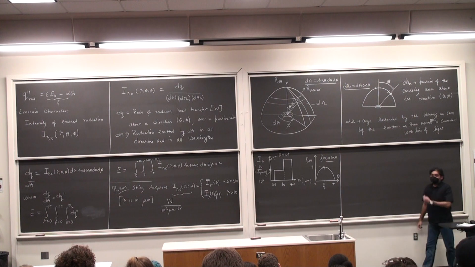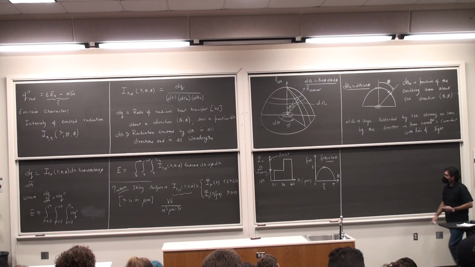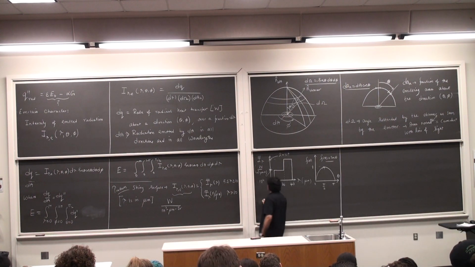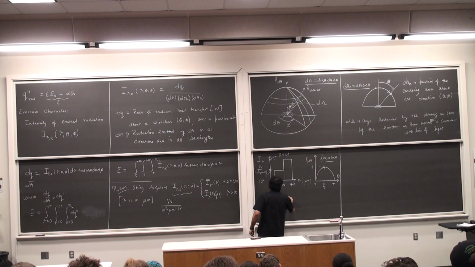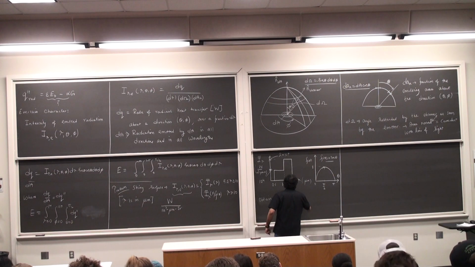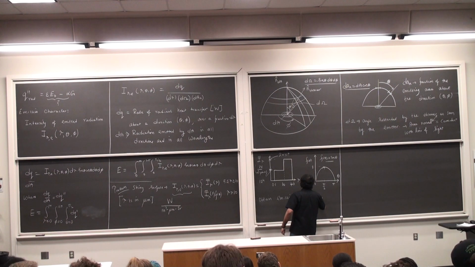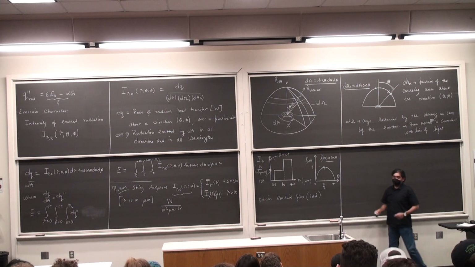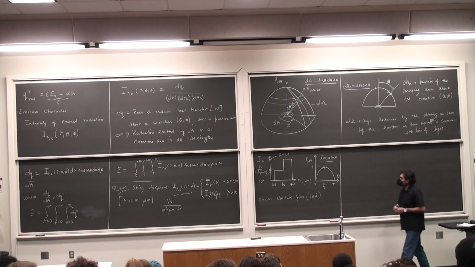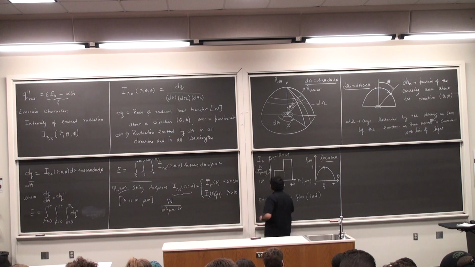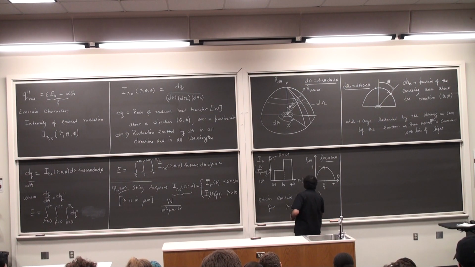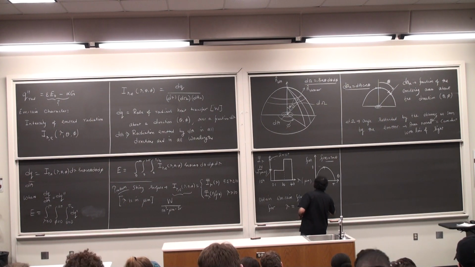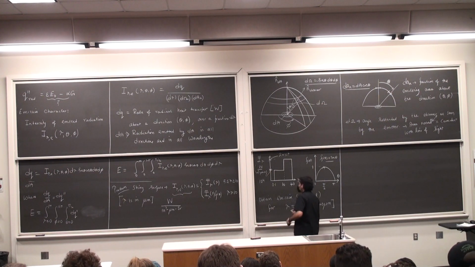What you are asked to do is the following. Obtain the total emissive flux, which is this capital E, for a wavelength range from 5 micrometers to 40 micrometers.